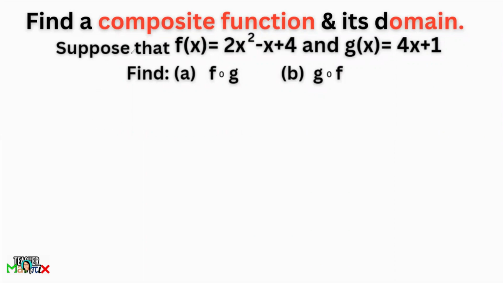Find a composite function and its domain. Suppose that f of x is equal to 2x squared minus x plus 4, and g of x is equal to 4x plus 1.